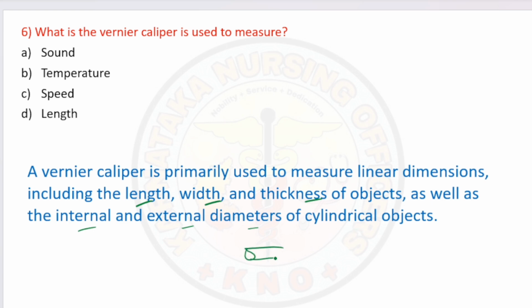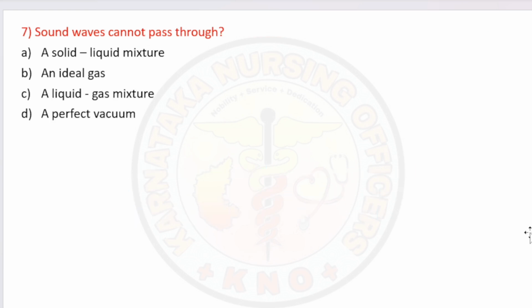For example, you can measure the diameter of a pipe using this instrument. So the correct answer is option D, length. So next question.